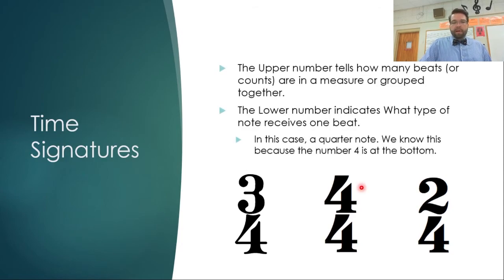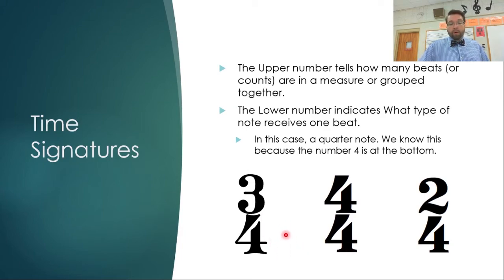So what does the bottom number tell us? Well, the upper number tells how many beats or counts are in a measure. In this case, we have 2 beats per measure, 3 beats per measure, or 4 beats per measure, indicated by my laser pointer. The lower number indicates what type of note will receive one beat.